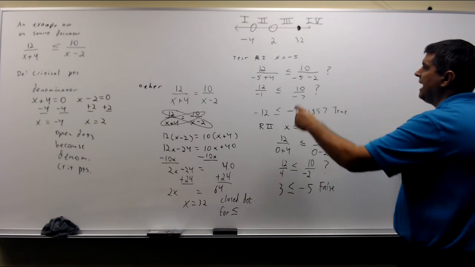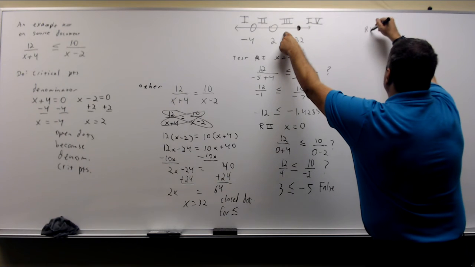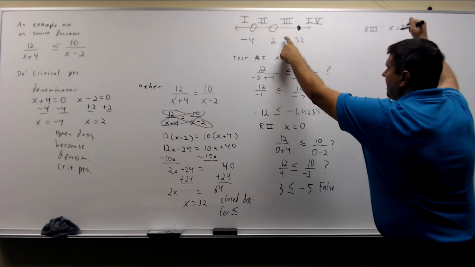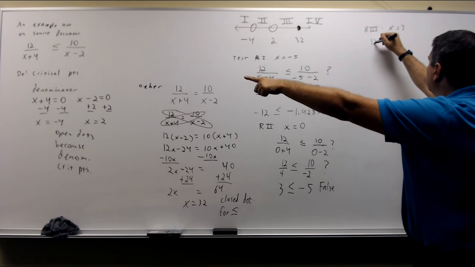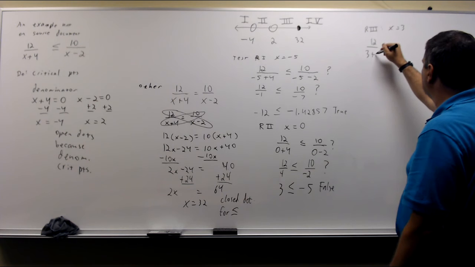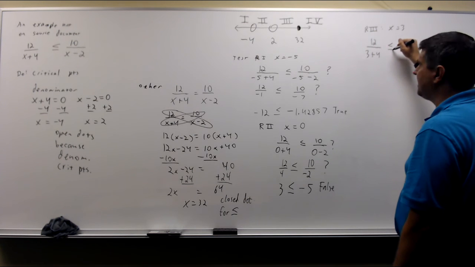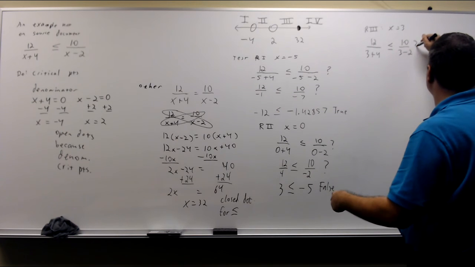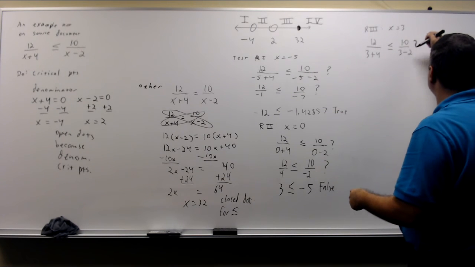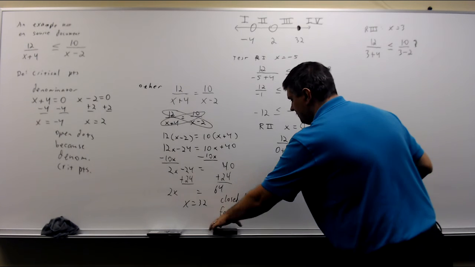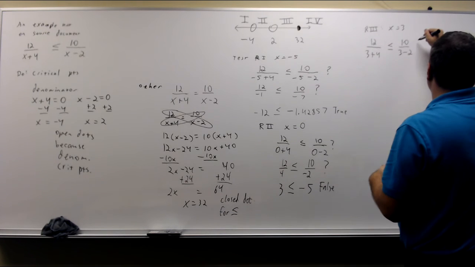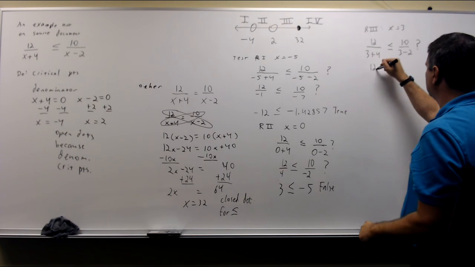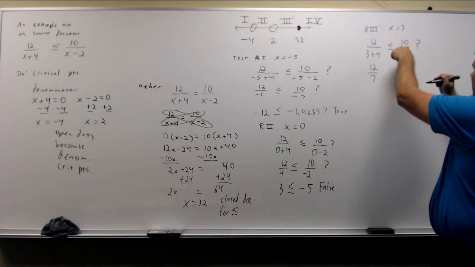Okay, so next I'll move on to region 3. And x equals 3 would be a good test point. So I'll use 12 over 3 plus 4. I want to know if it's less than or equal to 10 over 3 minus 2. So that's 12 over 7, and that's 10 over 1.